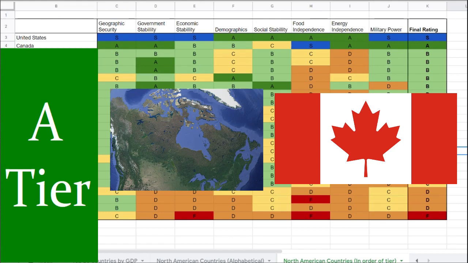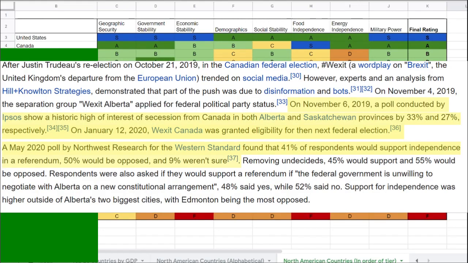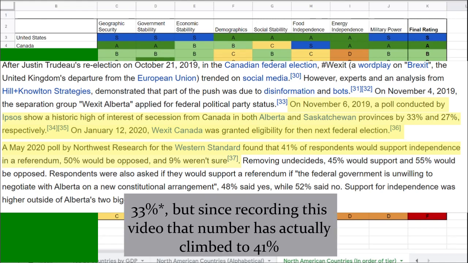And the thing is, Quebec isn't the only province of Canada that's looking for secession. Believe it or not, Alberta has a not insignificant independence movement. There was a recent poll that showed that 35% of Albertans are in favor of secession.